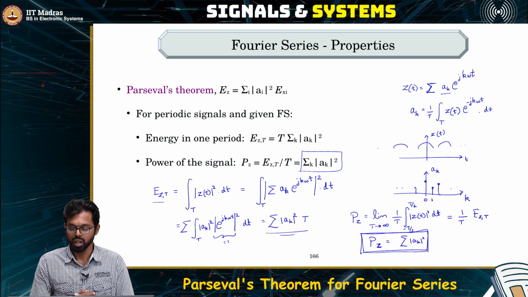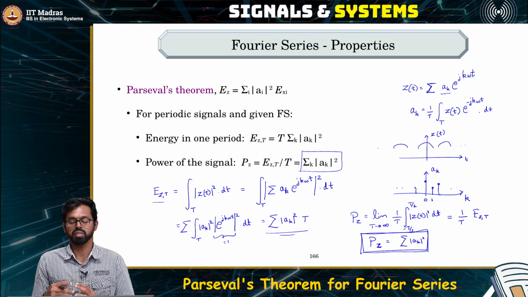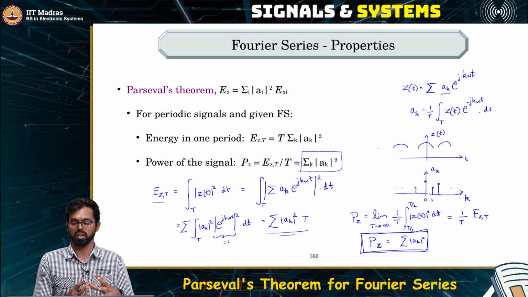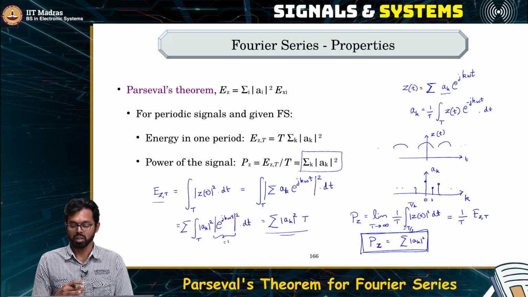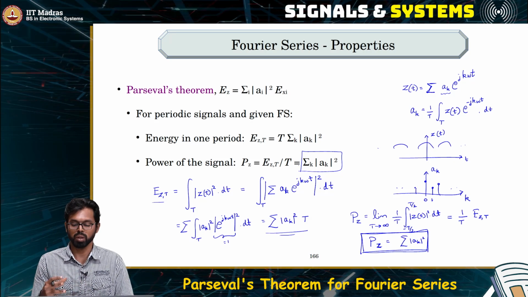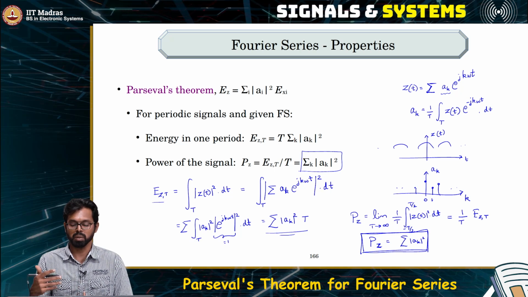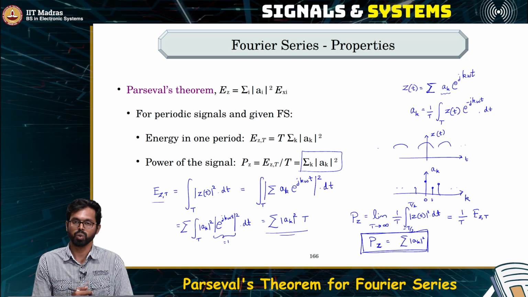bass guitar's music. With this we are able to quantify that in the given signal the contribution of one particular frequency component or one particular instrument is this much, and the percentage of power from one particular device or one particular frequency is this much. So we are able to separate out and say how much a particular frequency is contributing to our actual signal.